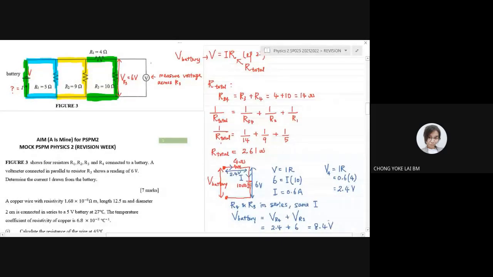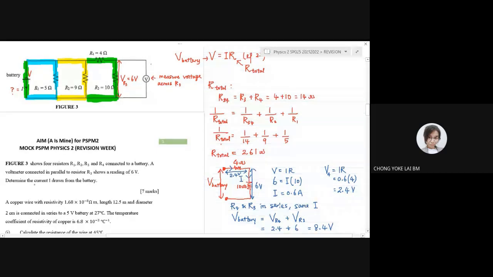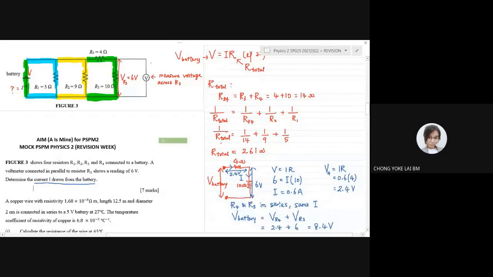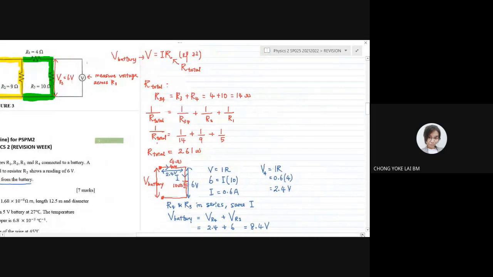Okay, so after we get the voltage of the battery, and we get the total resistance in the circuit, then we can determine the current I that draw from the battery. Draw from the battery means flow out from the battery. So, barulah kita pergi balik kepada equation paling besar dekat atas ni.